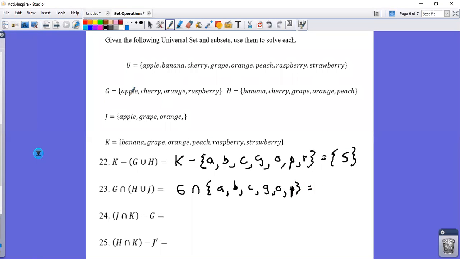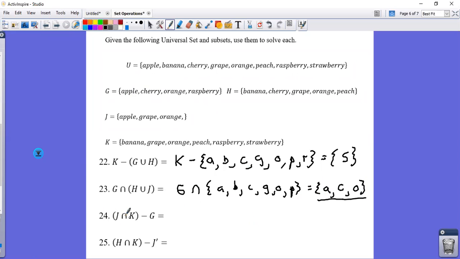And then whatever's in G that's also in this set, you're intersecting. So they both have apple, they both have cherry, they both have orange, and that's it. So that's the whole thing.